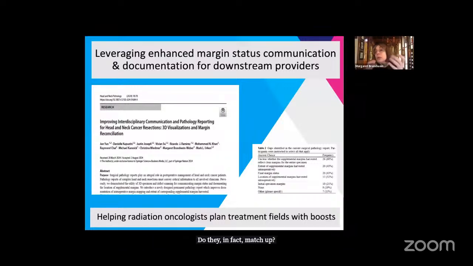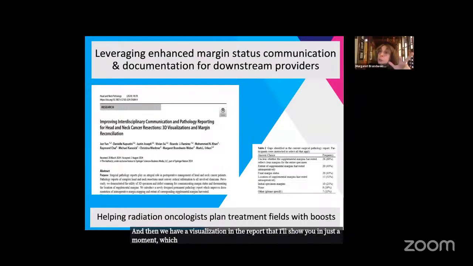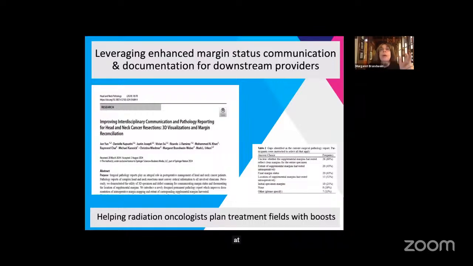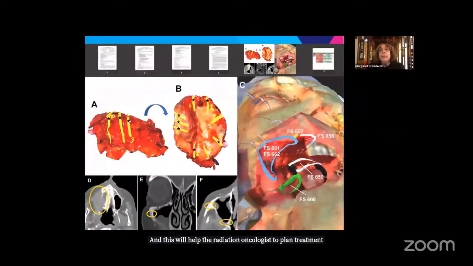By using our reporting system, we document that, yes, these margins do map up. Then we have a visualization in the report that I'll show you in just a moment, which shows the region where the margins at risk existed. This will help the radiation oncologist to plan treatment fields and also boost these areas.